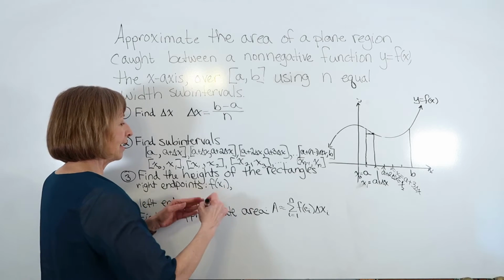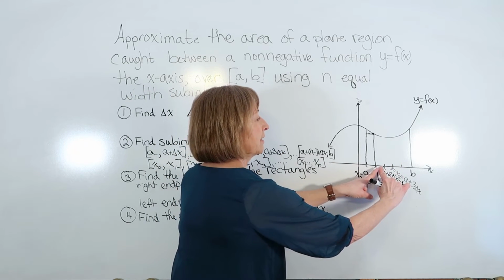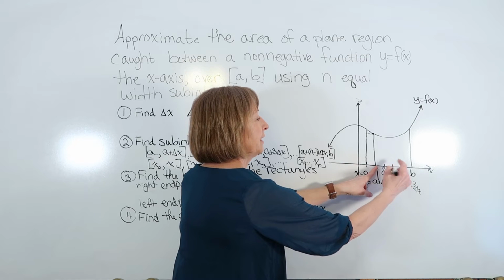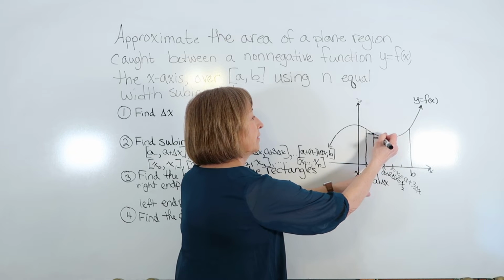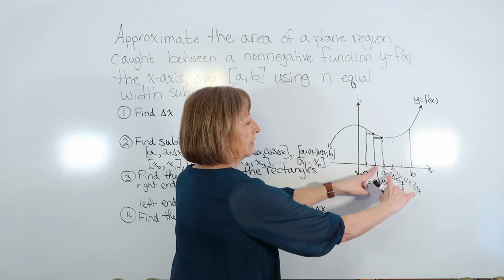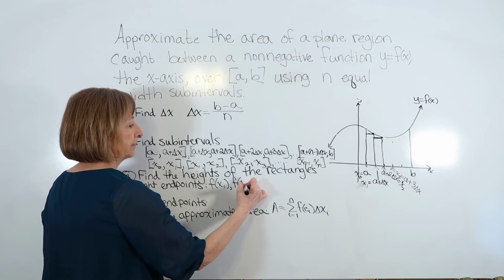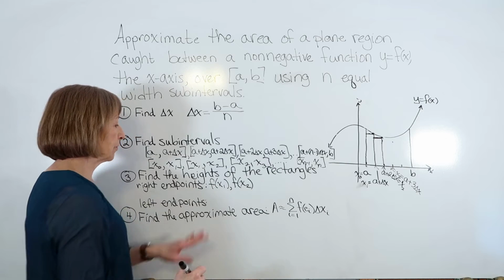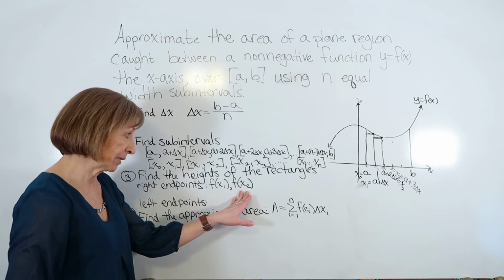And then for the height of the next one, go to the next subinterval, find your right endpoint, take it to the curve, and then go horizontally across. So that's your x sub 2, so that's f of x sub 2. This is the height of my first subinterval, and this is the height of my second subinterval.